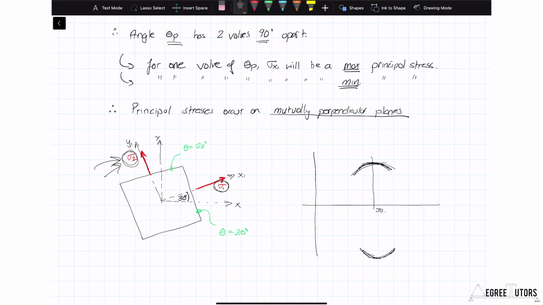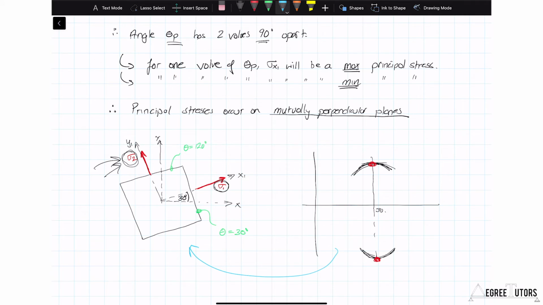Okay, and all that is the two principal stresses, the maximum principal stress and the minimum principal stress. And this is it related back to our 2D stress element. So hopefully I haven't made that any more complicated than it needed to be.